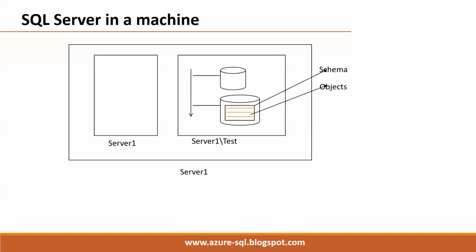Once we install SQL Server with the same name as the machine name, it is called the default instance, whose name is equal to the system name. Already we have seen, instance is nothing but one copy of SQL Server.